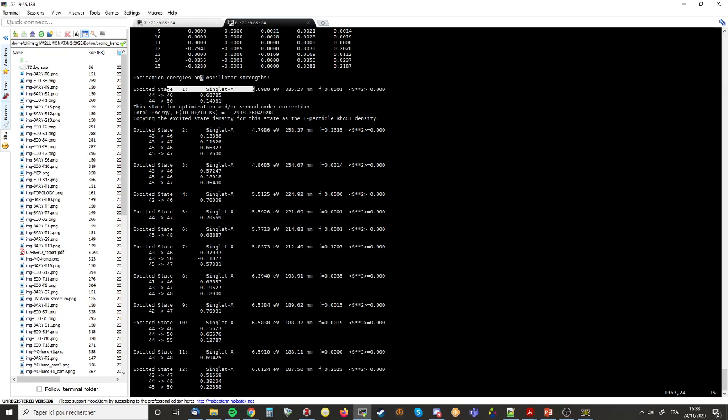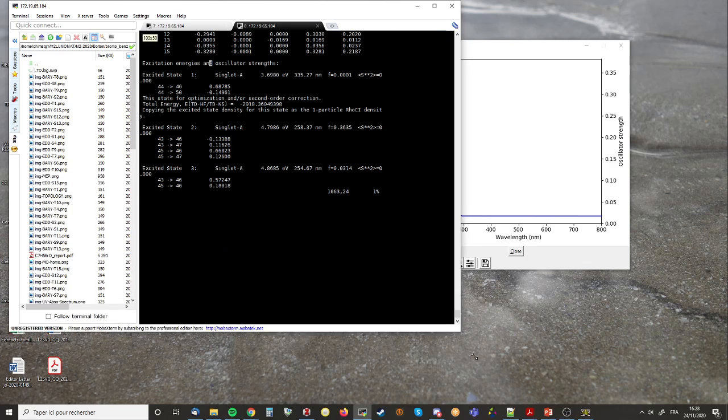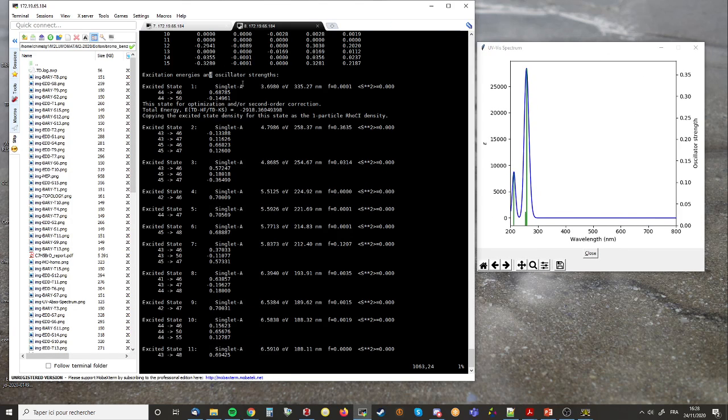The first excited states, let me get both, if I can have both. Okay, perfect.